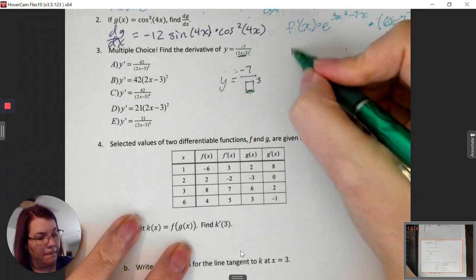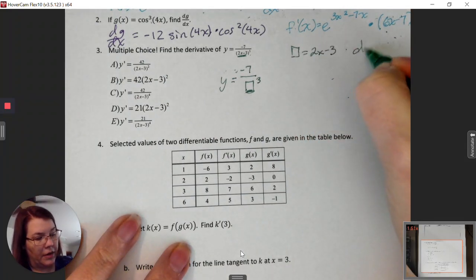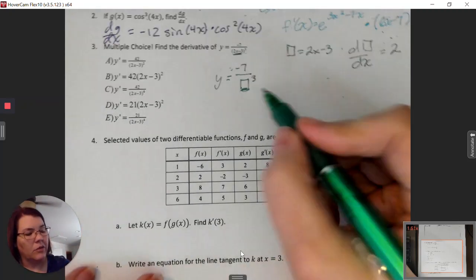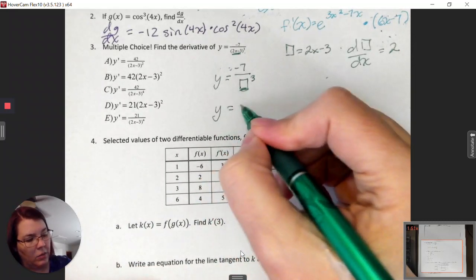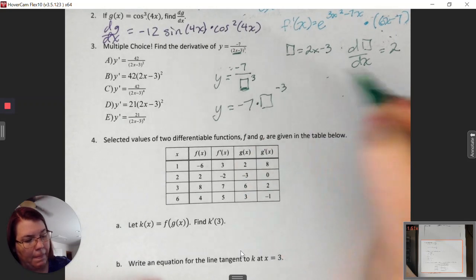And the inside this time is 2x minus 3. I'm going to go ahead and write down that d/dx of the inside is 2. And so then let's rewrite this. We've got y equals negative 7 times (2x minus 3) to the negative 3.